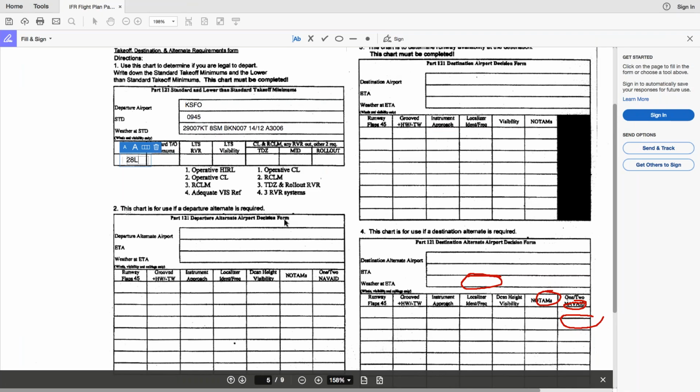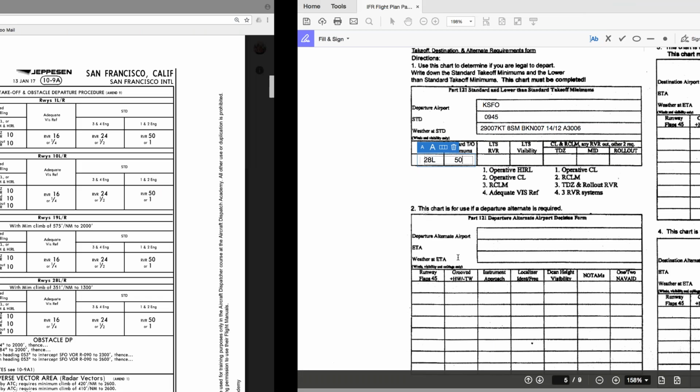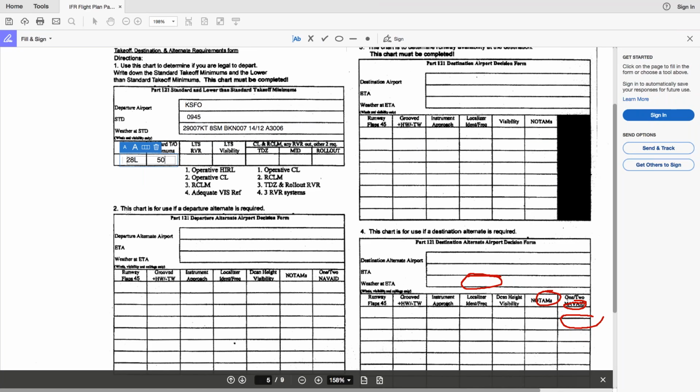Okay. 50 or 1 or just 1? So 50. RVR 5000 or 1. So you can put them both in here if you want. So that's your RVR or 1 statute mile.